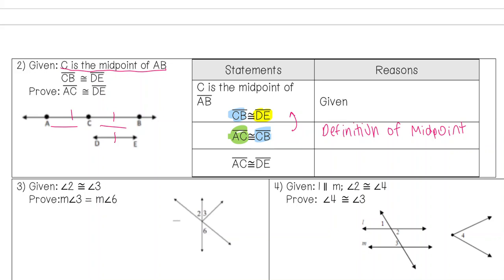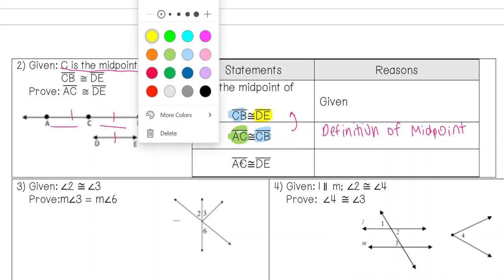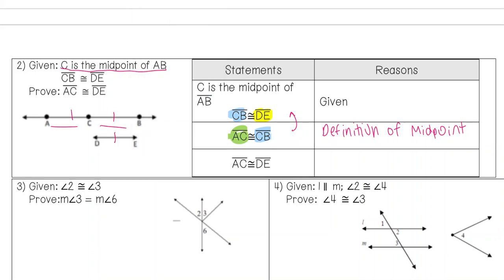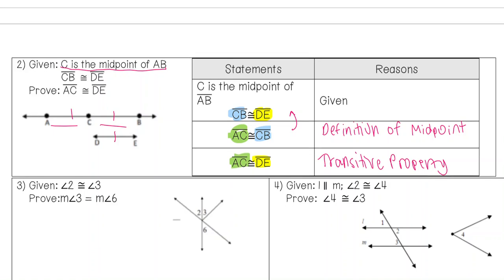So what that's really showing me is that because they are congruent to the same thing, they must be congruent to each other. And this is an example of our transitive property. So we're going to fill this in as the transitive property for our final reason. It's very similar to our law of syllogism that we learned about before. Anytime that something is equal to something else or congruent to something else, we have the transitive property.